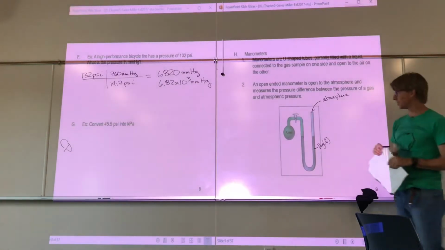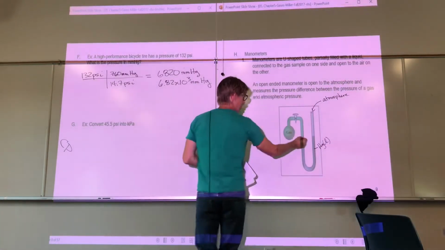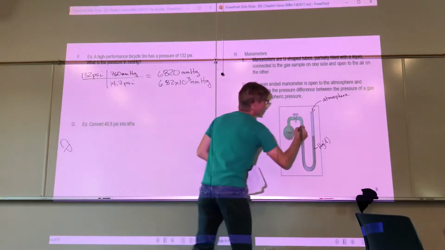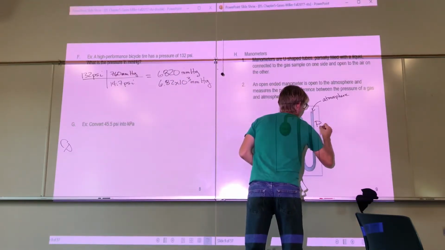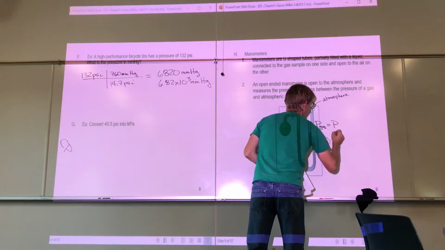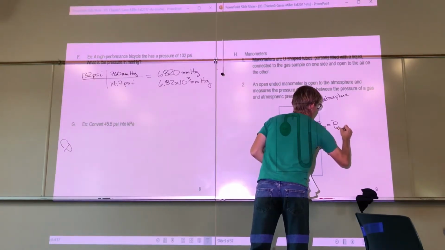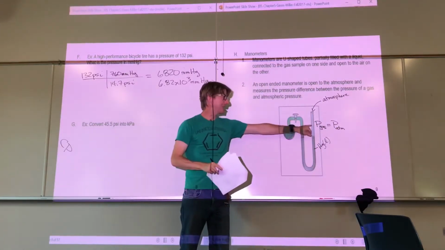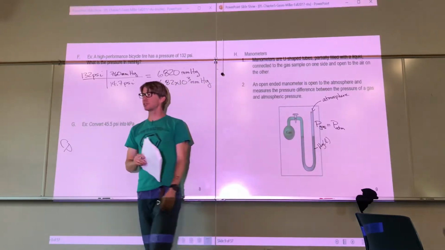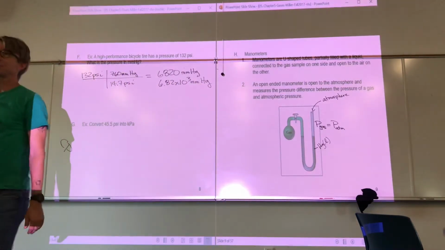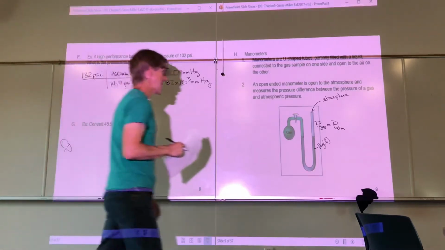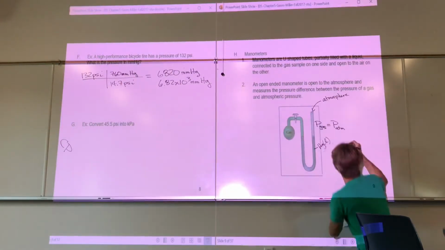These two pressures are equal. And so for this particular situation, the pressure of the gas, that's a capital P for pressure, and GAS is the subscript. P gas equals P atmosphere.